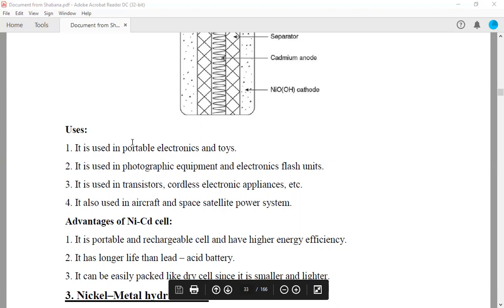And coming to the uses, it is used in portable electronics and toys. It is also used in photographic equipment and electronic flash units. It is used in transistors, cordless electronic appliances, and also in aircraft and space satellite power systems.